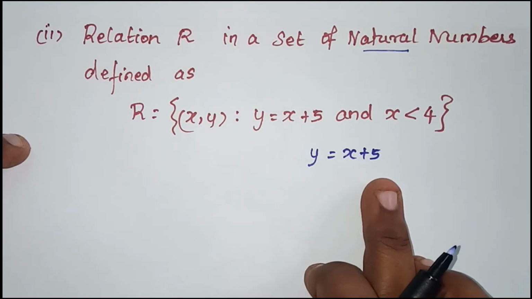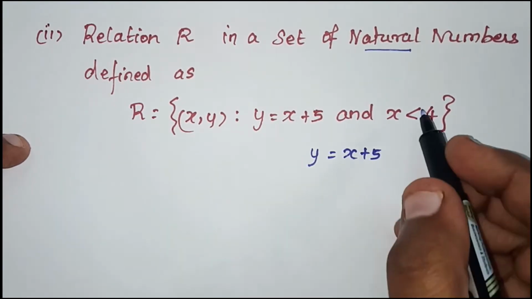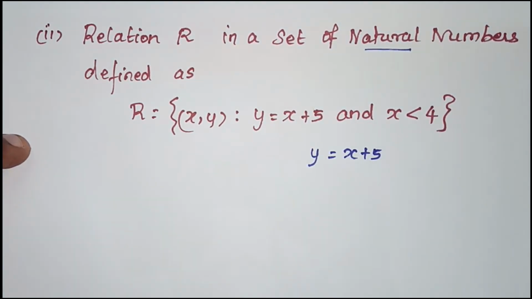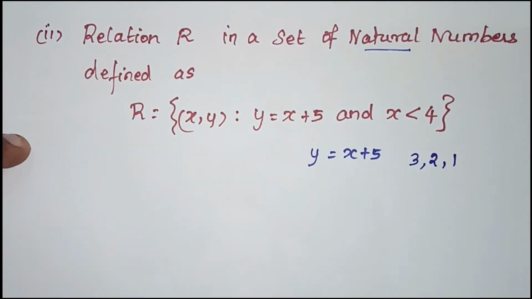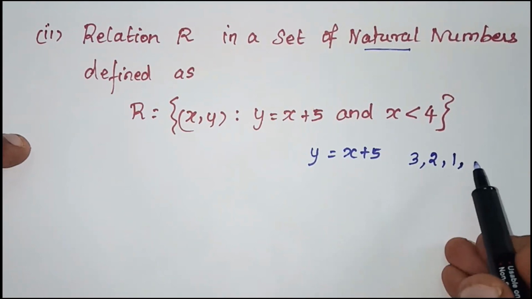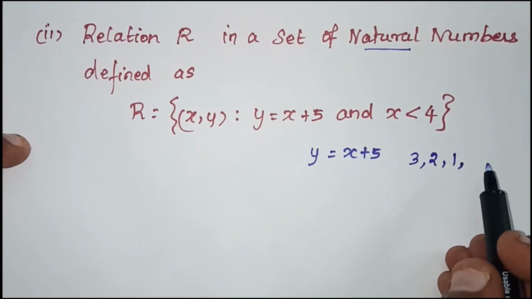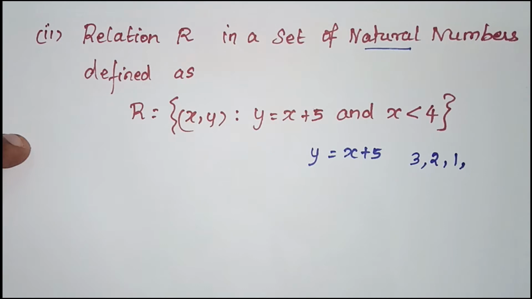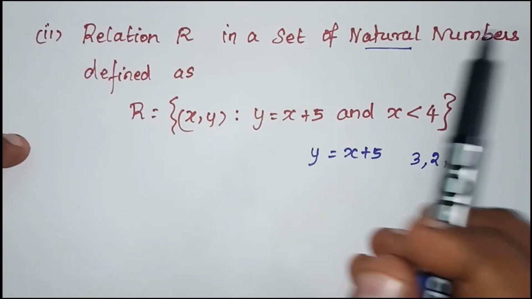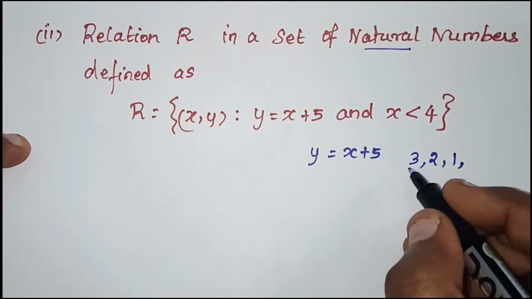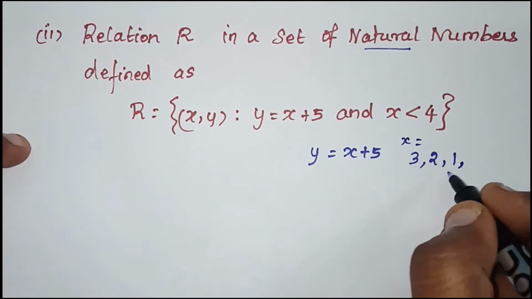This is the relation between x and y, and x should be less than 4. Less than 4 means what? 3, 2, 1. We don't take 0 because 0 is a whole number. This problem gives us R in a set of natural numbers. So x is equal to 3, 2, 1.